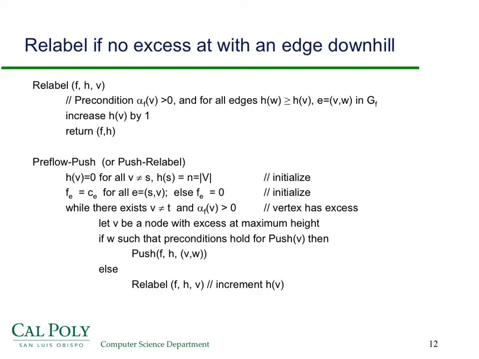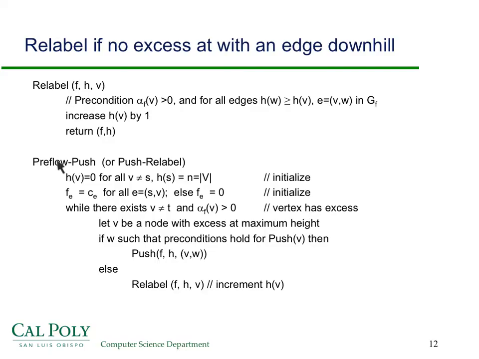This basically happens if you have excess in a vertex, and for all the edges adjacent to v, h of w is bigger than h of v. In other words, they're all either level or uphill from v. So if that's true, then you want to increase the height of v by 1 in hopes that you'll be able to push the excess that's in v to one of those other neighboring vertices.